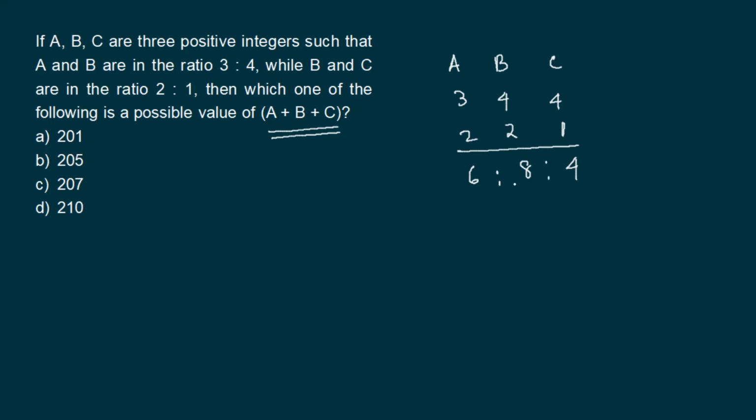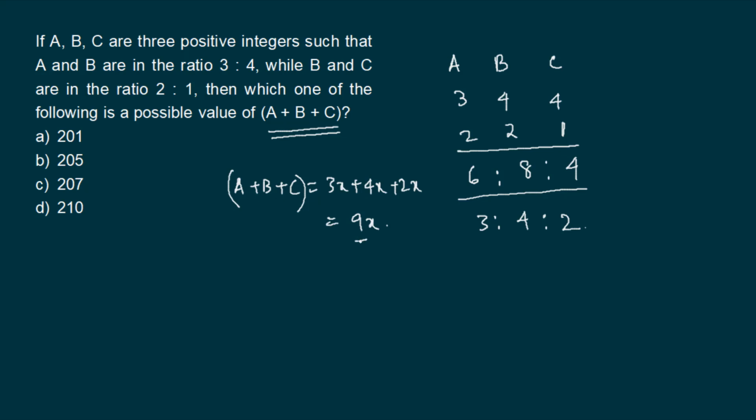That means joint ratio is, if I divide this by 2, 3 is to 4 is to 2. So if I take common ratio x, a plus b plus c should be 3x plus 4x plus 2x, that is 9x. That means the sum a plus b plus c is a multiple of 9.